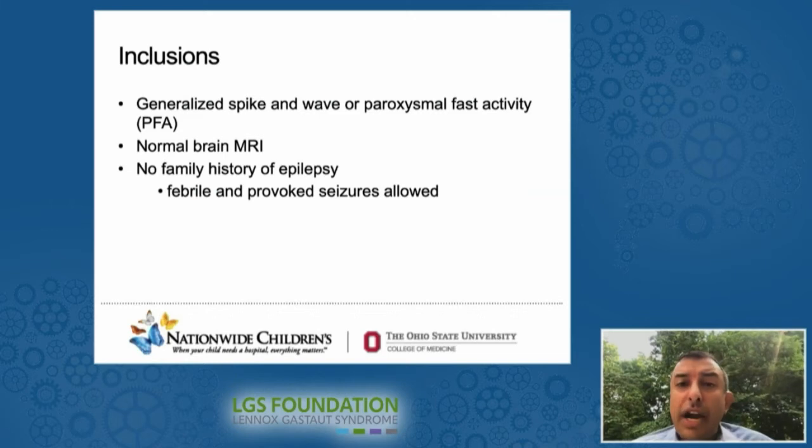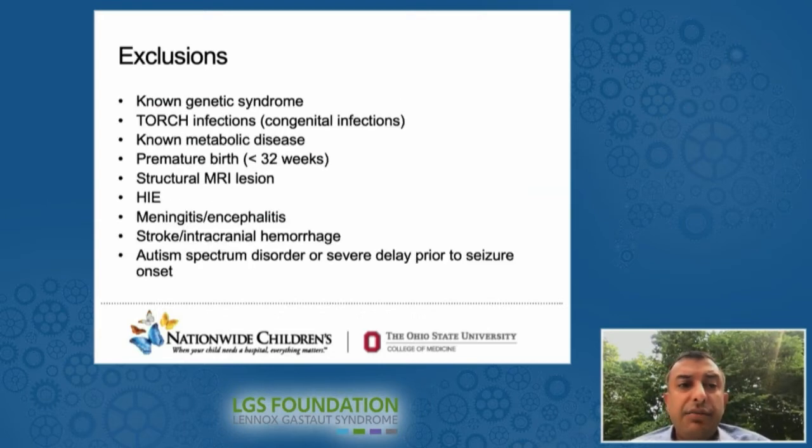So the inclusion criteria for this study was generalized spike and wave or GPFA. They had to have a normal brain MRI, so no structural abnormalities, no family history of epilepsy. However, febrile or provoked seizures were allowed. The exclusions were listed here. So obviously you wanted to exclude somebody in the unknown category if they had a known etiology, so that's the genetic syndrome or TORCH infection, known metabolic disease.